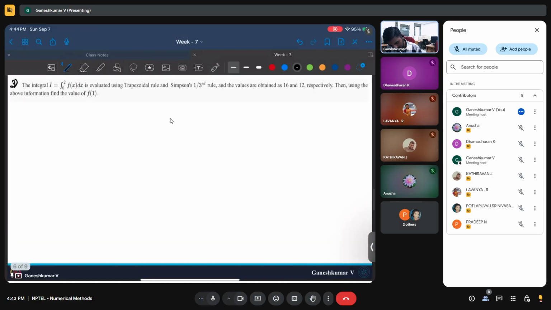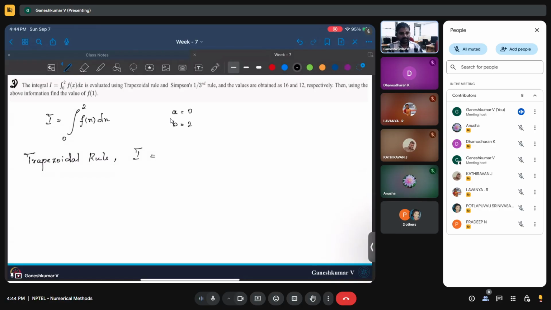All right, so let's try to do it. Integral of 0 to 2 f of x. So please note that we don't know the function value. Okay, and if you are applying Simpson's, so what is the trapezoidal rule? Here your a is 0 and b is 2.